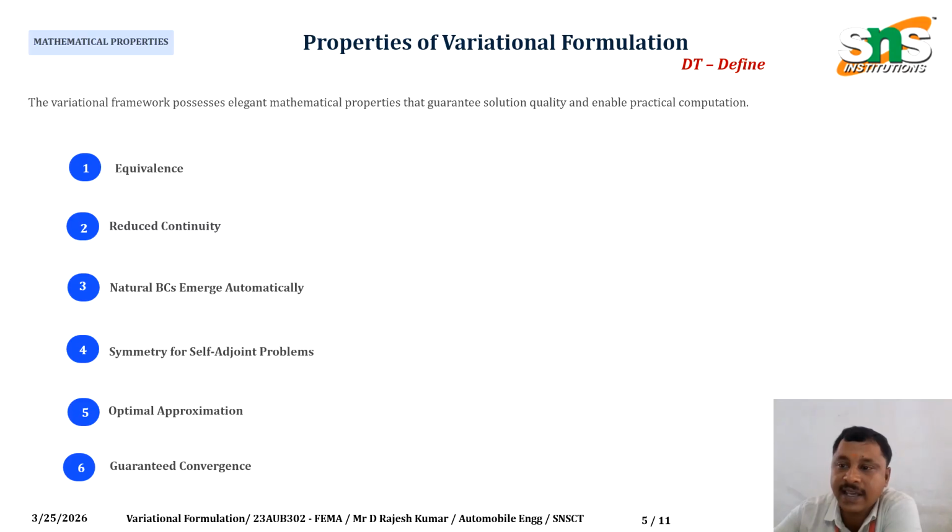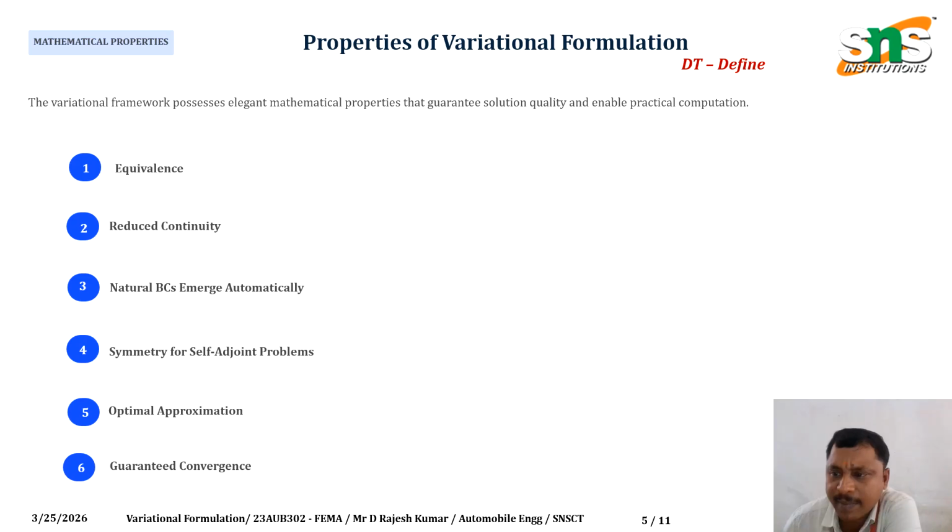So here you can see there are different properties. The first one is equivalence. The equivalence here represents that the weak and strong forms are mathematically equivalent. The second property is reduced continuity requirements, which means the strong form demands more continuity, while the weak form requires less.